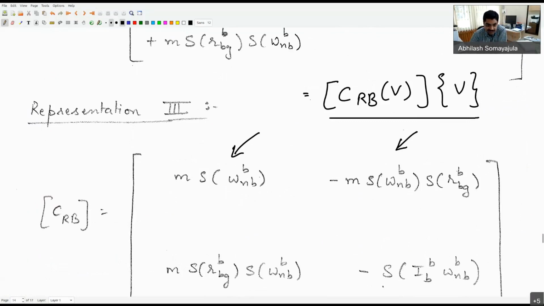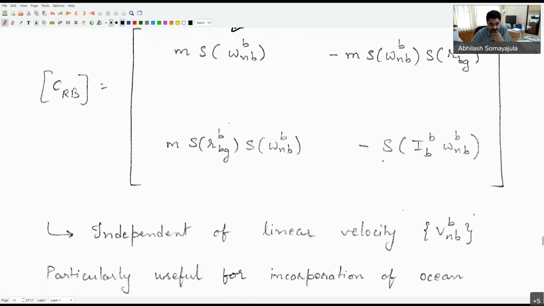Is that making sense? Yes, sir. So there is possibility to have multiple representations of the C_RB matrix, which can give us the same value of the force.